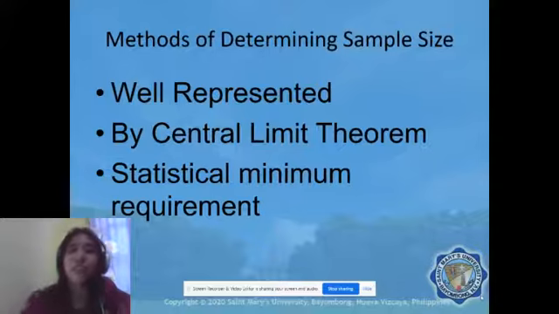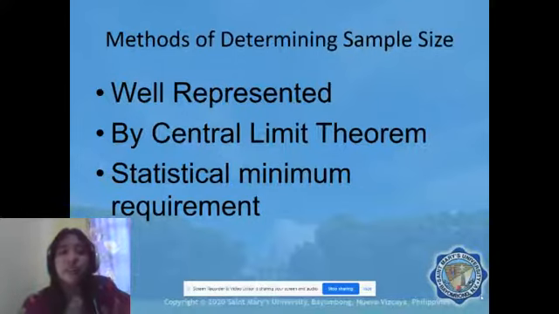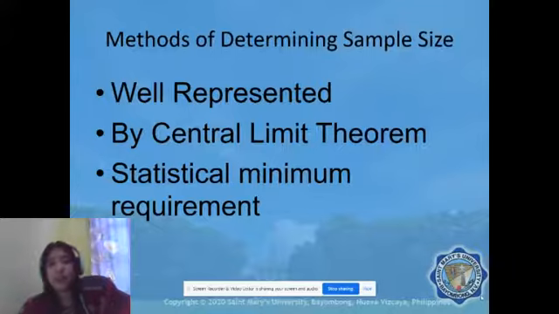You cannot, of course, compare one male with 30 females, so you have to have at least 5 respondents to compare with other respondents. But if you are aiming for a good number, you have to opt again for the first one, the central limit theorem.